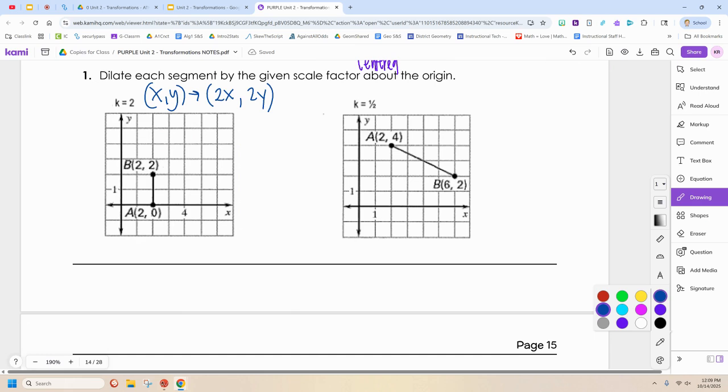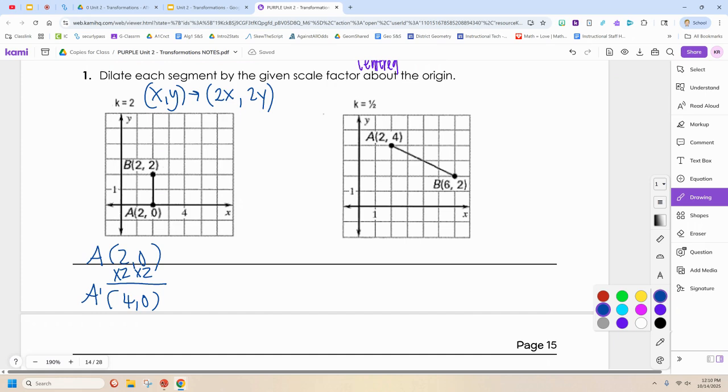For example, if I take A and write down 2, 0 as A, and I multiply the x by 2 and the y by 2, then my A prime is going to be located at 4, 0. So that's pretty easy to figure out.